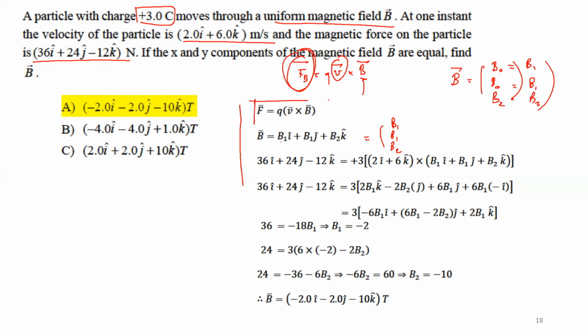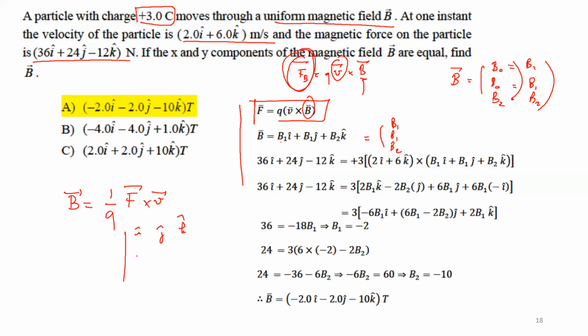And you use everything. The only unknown is this B. Another way to get B is to say that B will be 1 divided by Q, because I know Q as well. It's 3 coulomb. 1 divided by Q, F cross V. So I know F, I had i hat, j hat, k hat.